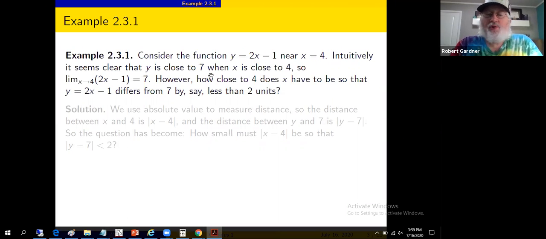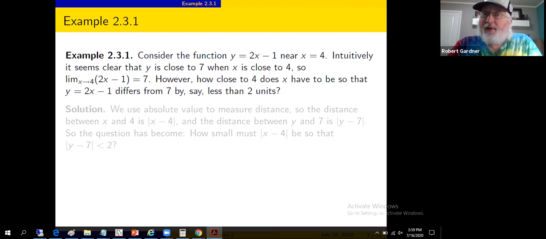I could draw pictures. We could argue about graphs of functions trying to pass through points. Certainly, this is plausible, and we've stated some claims. Hey, it's a polynomial. The limit certainly should be what we get by substituting in. But remember, those claims are based on this formal definition that we're about to see in this section.